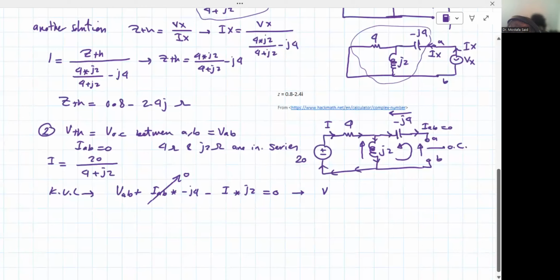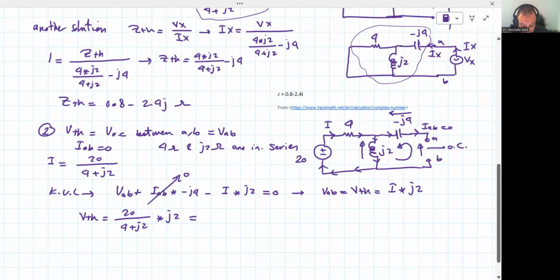From that, VAB, which is V Thevenin, is equal to I multiplied by j2. What is I? It's 20 divided by 4 plus j2. That's why we started by I. So V Thevenin is 20 divided by 4 plus j2, multiplied by j2.